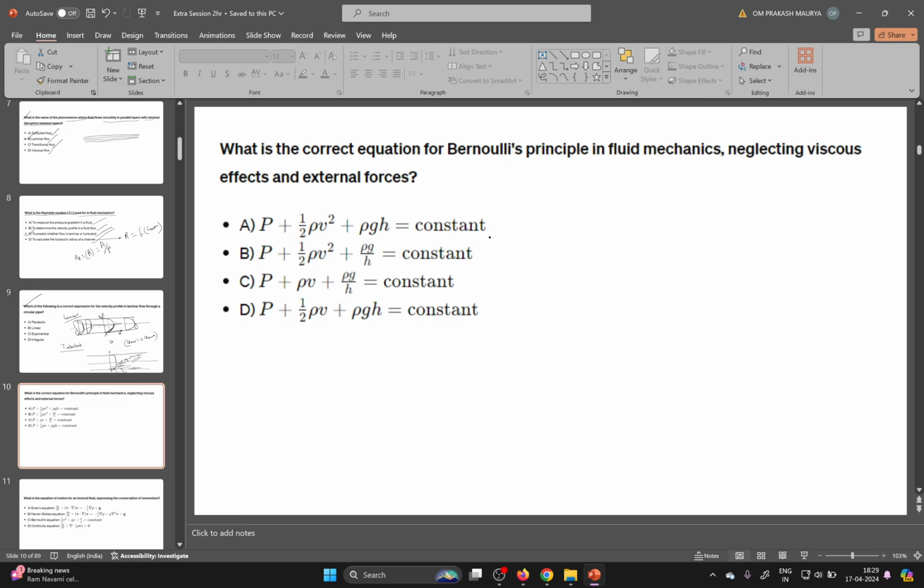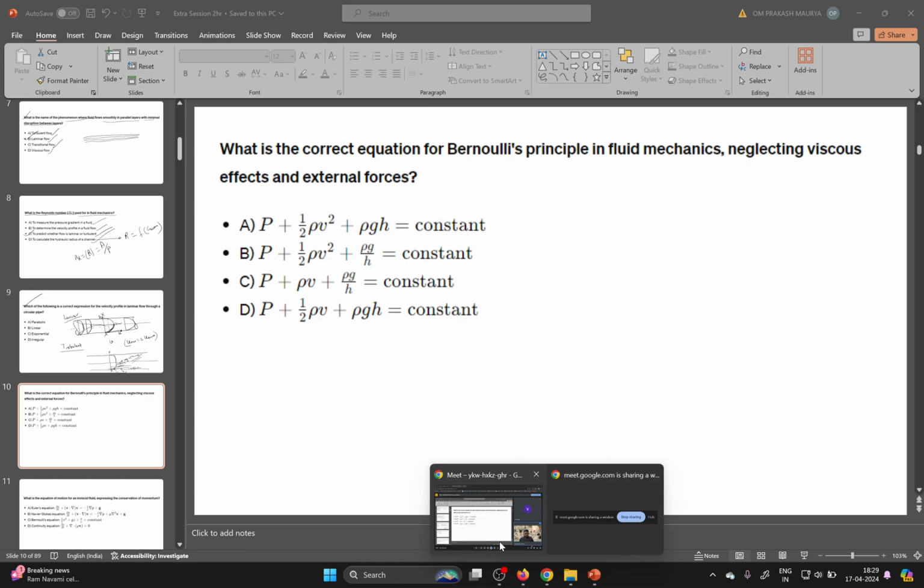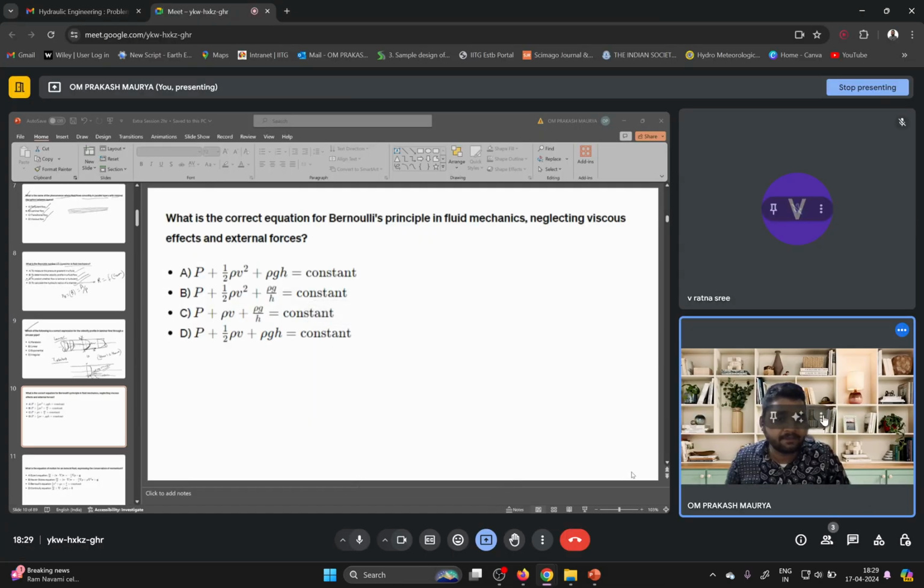Second option P plus half rho V square plus rho g by h. Option C P plus rho V plus rho g h. Option D P plus half rho V plus rho g h. Whether option A, B, C, D is correct? Please try to give the answer within 1 or 2 minutes, and then after I will explain a little bit more here.